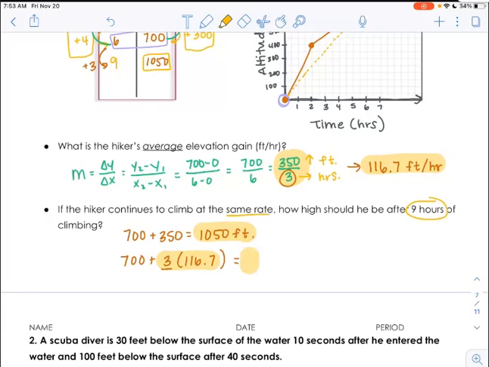So I could just round that to 1050, which is the same answer I got before, just using a different strategy. So that's what you may need to do if your rate of change is not expressed out of the denominator that you want.